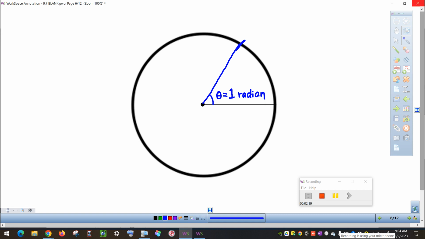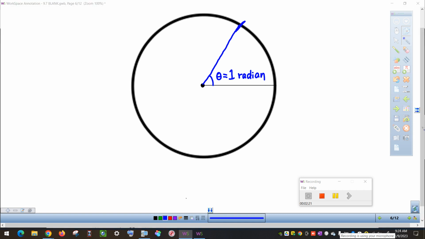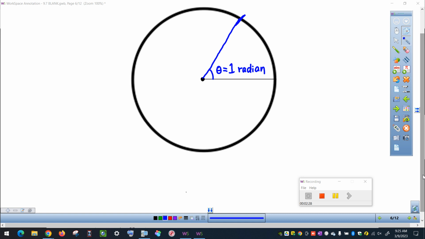Now, what I'd like you to write on your paper, down below your circle or even off to the side, is a definition, if we were to put what we've just done into a sentence, for what a radian is. So I'm going to write the word radian.